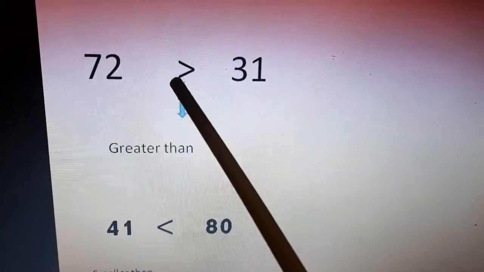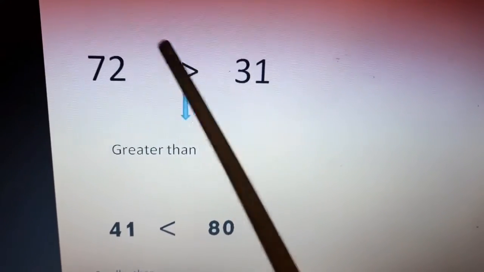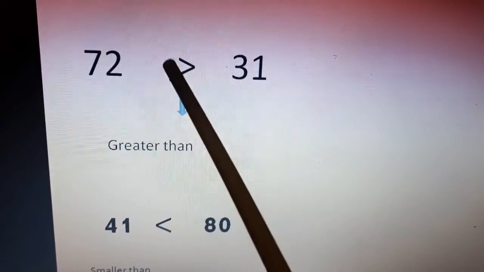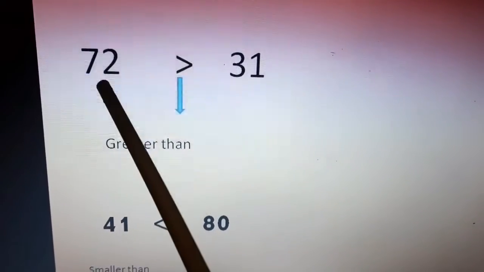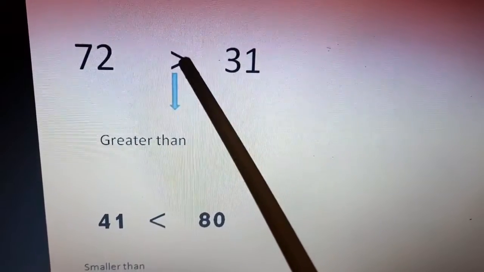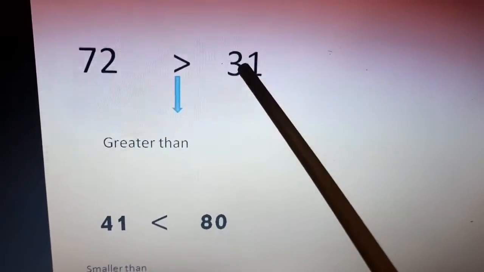This sign means greater than. We can write greater than like big mouth. Here we have big mouth beside the greater number. And here we have small mouth beside smaller number.